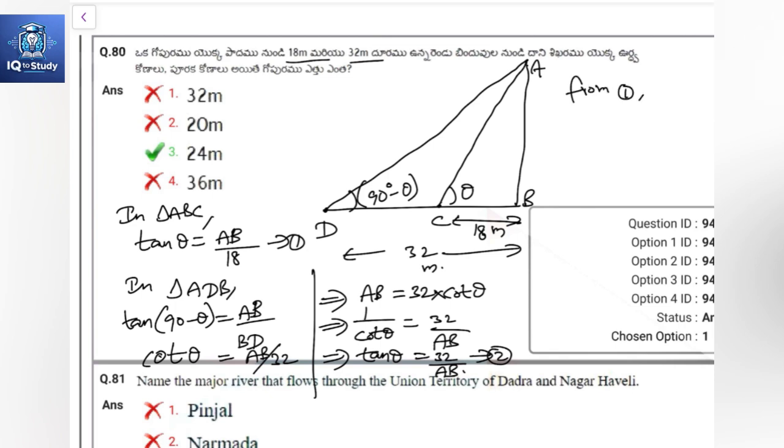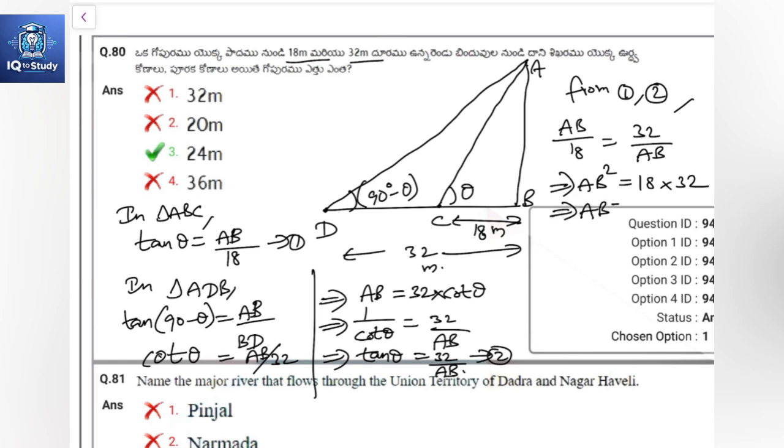Now from equations 1 and 2 we can solve: AB by 18 is equal to 32 by AB, which implies AB square is equal to 18 into 32, and AB is equal to the square root of 18 into 32, which implies AB is equal to 24 meters. So the height of the tower is 24 meters.